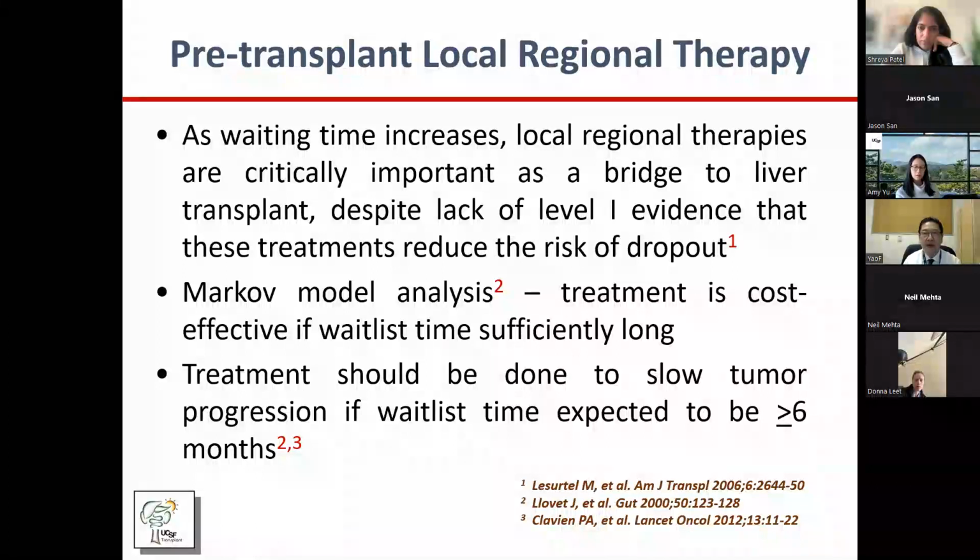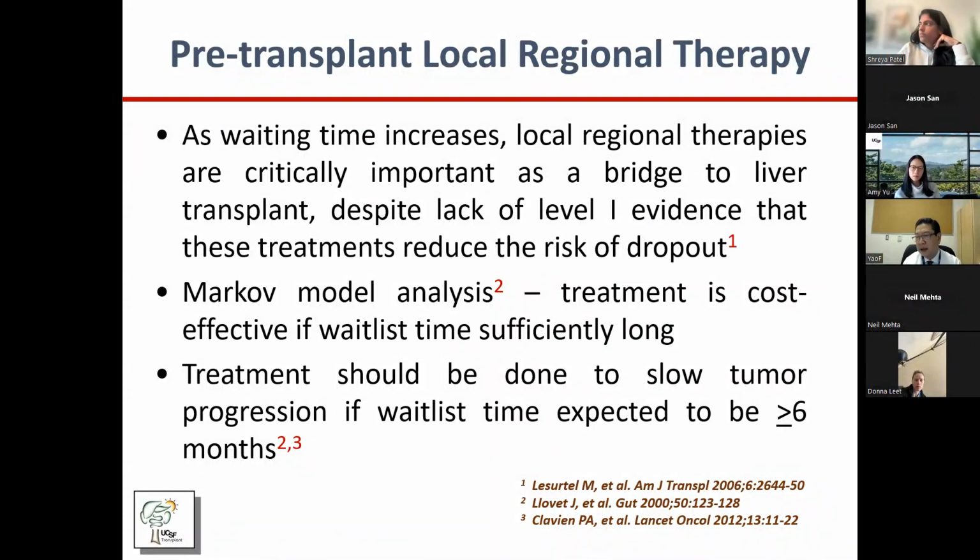Now, as waiting time increases, local regional therapy like chemoembolization or Y90 radioembolization are being increasingly used and critically important as a bridge to liver transplantation, even though we don't have level 1 evidence that these treatments reduce the risk of dropout.